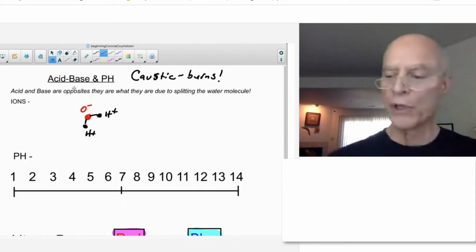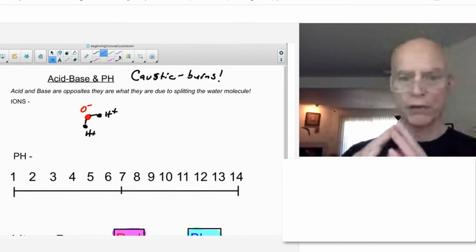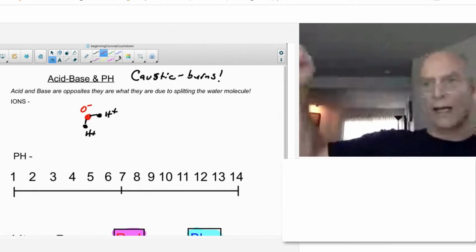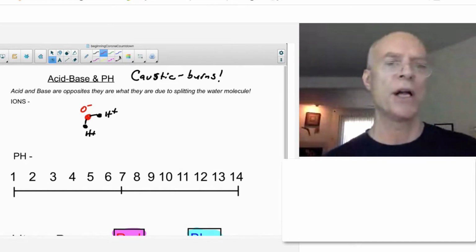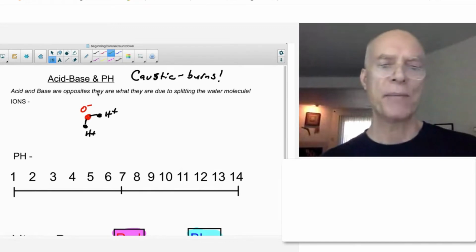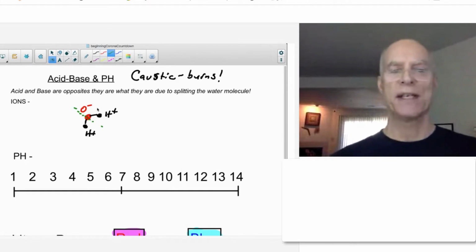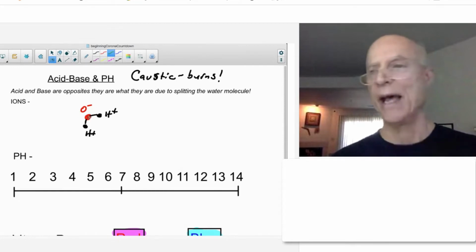Now, you know how when you break a wishbone, when you're eating a turkey or something, at the end of it you say, wish upon the wishbone, and then people break it in parts. It doesn't actually break in half. There's always a short end and a long end. Water molecule does the same thing. If I break the water molecule, it cannot break right down the exact center, because it would be breaking the actual atom in half, and you can't do that.